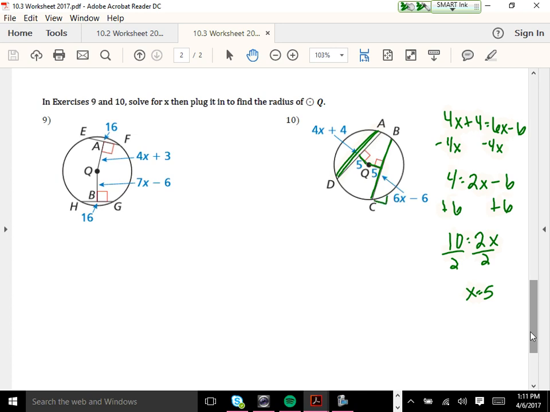Okay, 24. All right, we are looking for the radius. I'm going to draw in from Q to C a little radius here. That's what we're looking for. So this right here is 5. That's just straight up 5. How much would this be right here? Half your chord. 12. And so you're looking at a little picture, a little tiny skinny triangle where this is 5 and this is 12, and you're looking for the radius.